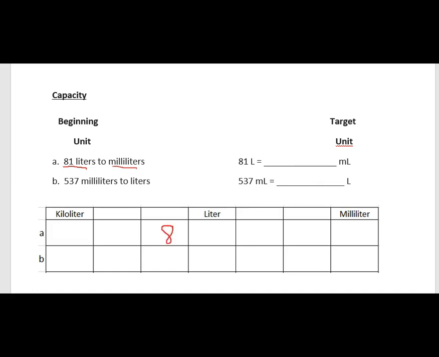Then I'll put a decimal point to the right-hand side of the milliliter column because that's our target unit, and I'll fill in the missing spots with zeros. That tells me that 81 liters is the same thing as 81,000 milliliters.